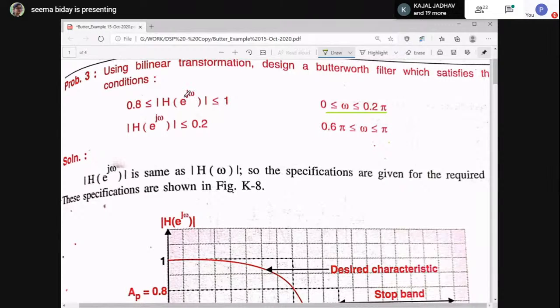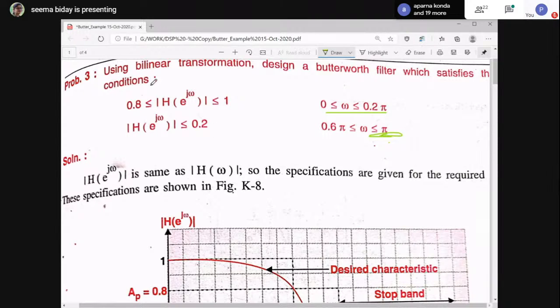And here also, H of e^jω, otherwise you have to write the magnitude response of the filter transfer function. Again, one more difference you will find is that it is given up to π only, right? The frequency range for a digital filter is minus π to π. So now you are given the specifications of a digital filter.